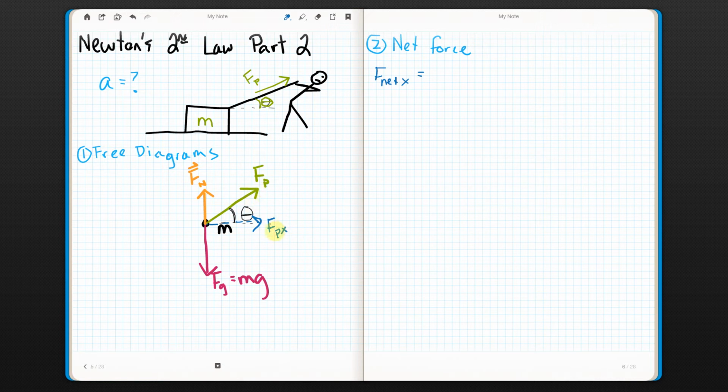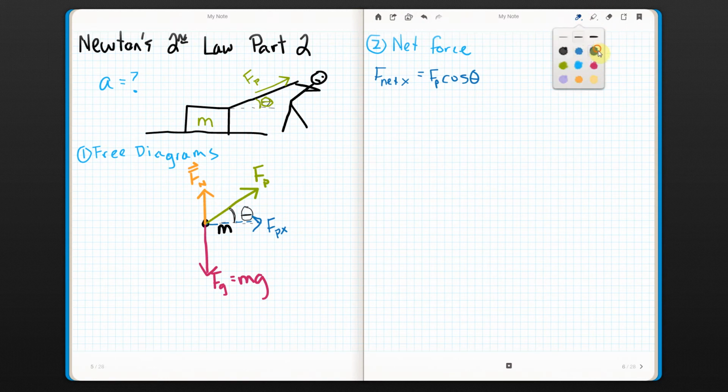Now we already know how to do that from last unit. If I want this component, that's adjacent to the angle, so I'm going to do the hypotenuse, Fp, times the cosine of that angle. So what I get is Fp cosine theta. And it's to the right, so that's positive. Then I also need to do net force in the y direction. This one has a little bit more to it.